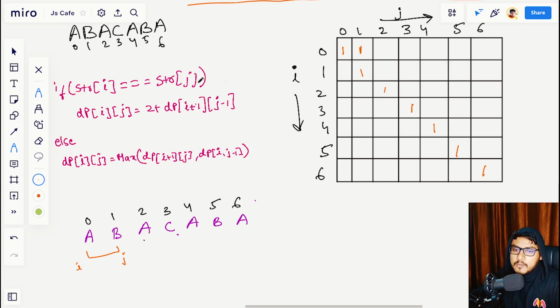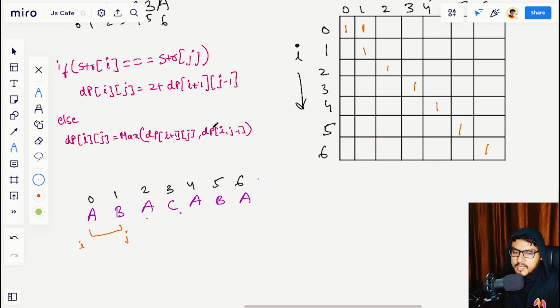And if the value is matching, then the value would be 2 plus the value of this particular cell, dp of i plus 1, j minus 1, over here. If not matching, then the maximum of this cell and this cell.